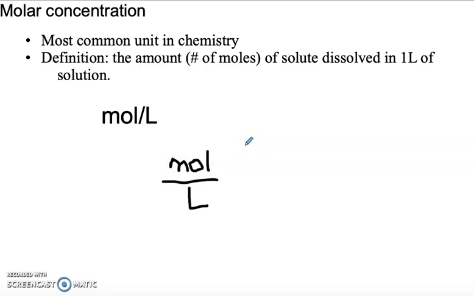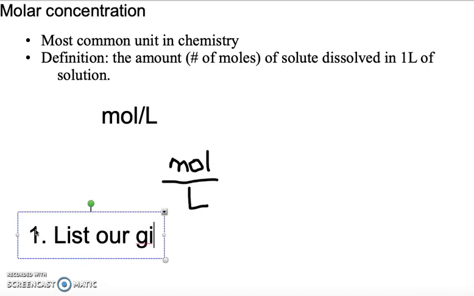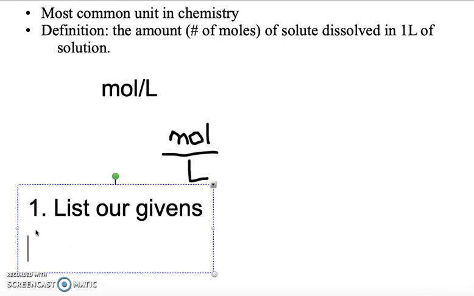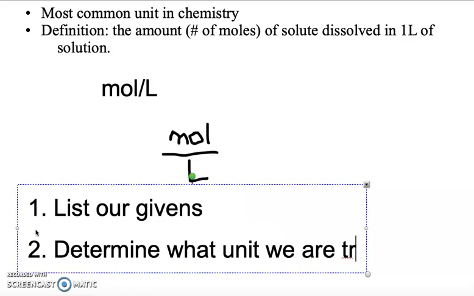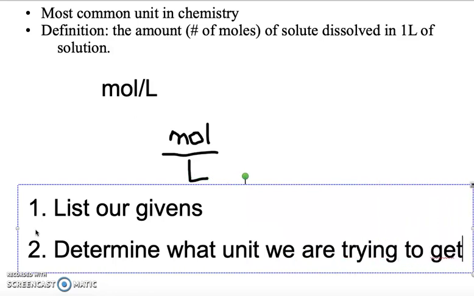The steps are going to be the same as what we have done before. The first thing we want to do is list our givens. Once we've listed our givens, we then want to determine what unit we are trying to get. In the case of molar concentration, I'm trying to get moles over liters.